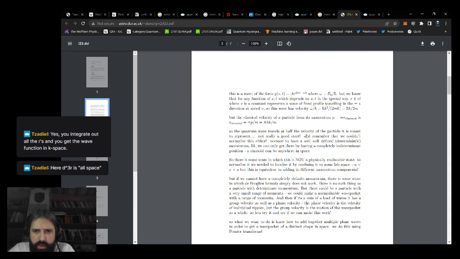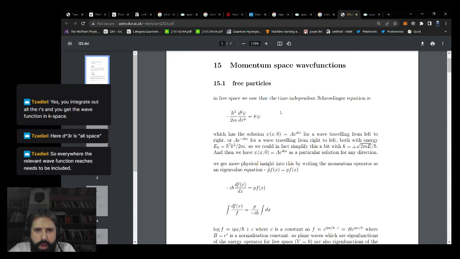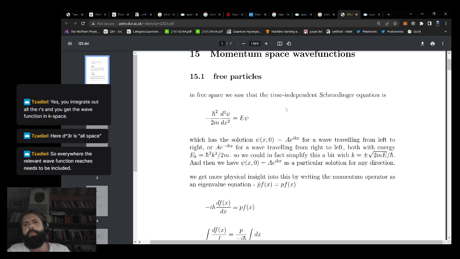Maybe this is explained a bit better here. In free space, the time-independent Schrodinger equation is the following, which has a solution. For a wave traveling from left to right, with energy E. We could simplify this a bit by adding this k, plus or minus, and then just doing this. This is a particular solution for any direction.